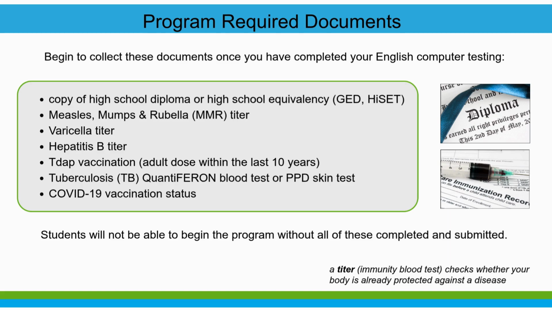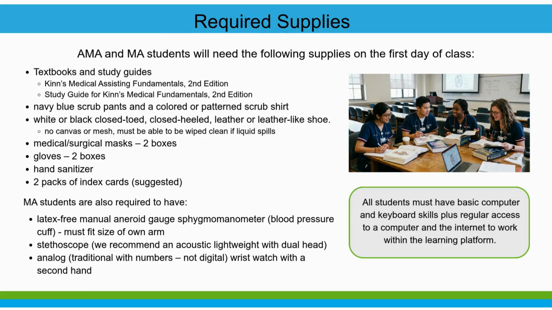You will not be able to begin the program without all of these being completed and submitted. A titer immunity blood test checks whether your body is already protected against a disease.